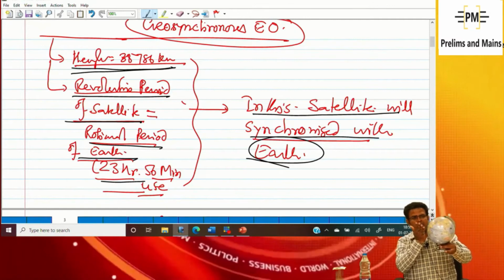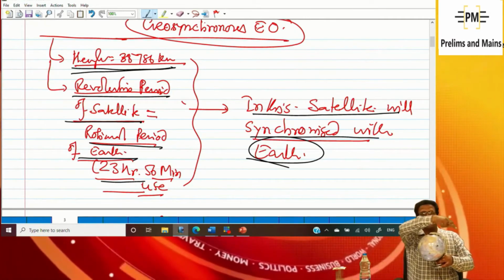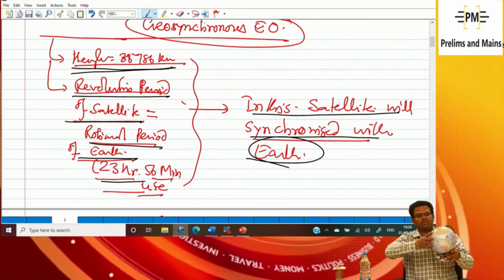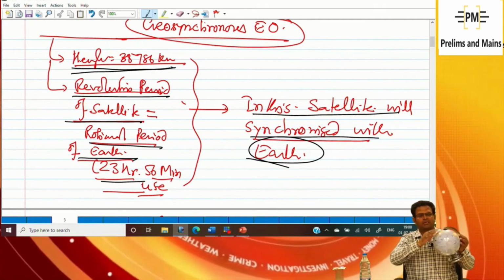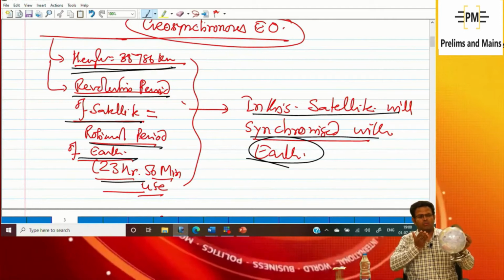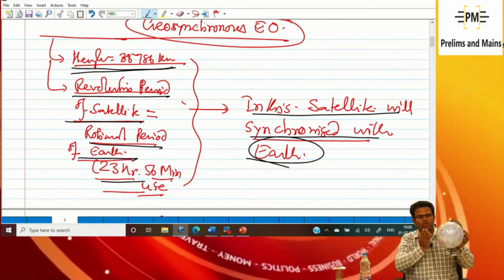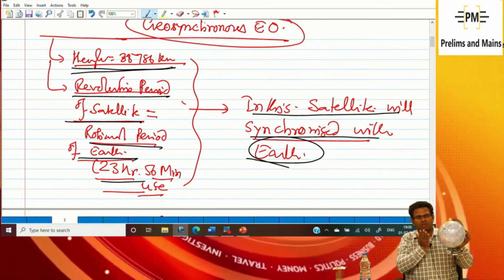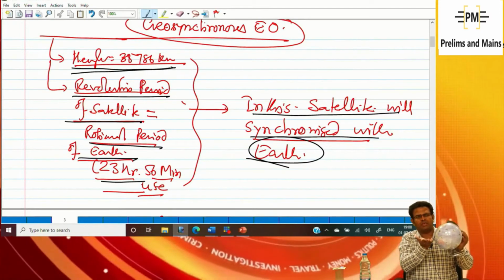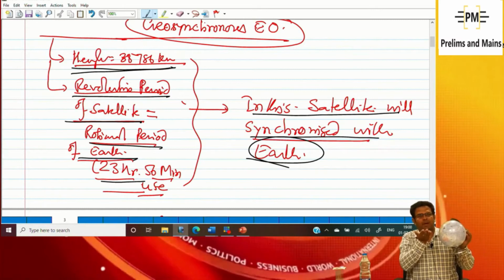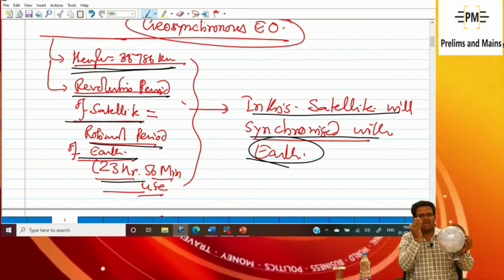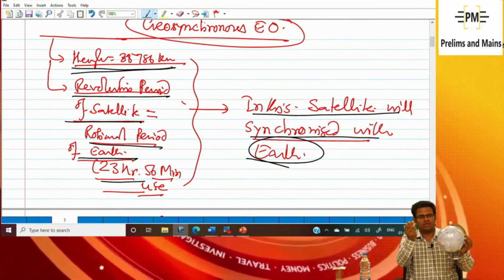But at that time there should be some angle. Suppose I have to cover better signal in Russia, so my satellite should be here. So there will be a geosynchronous satellite that is inclined. It is inclined with the equator, not parallel to it, and the height is again 35,786.